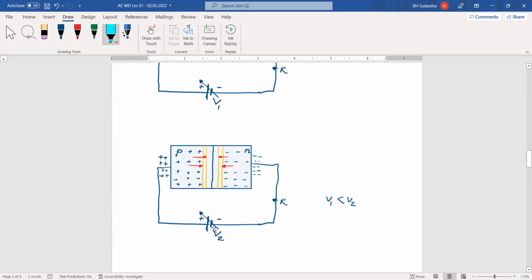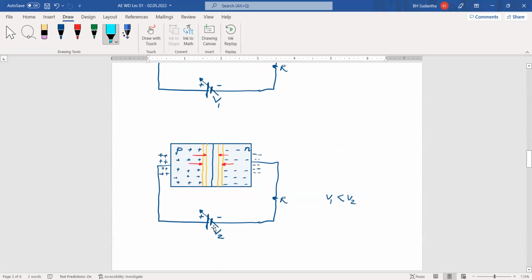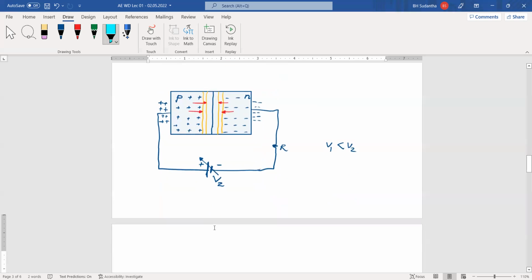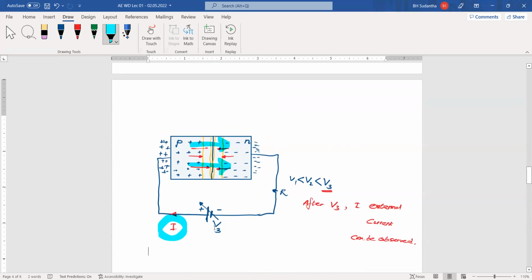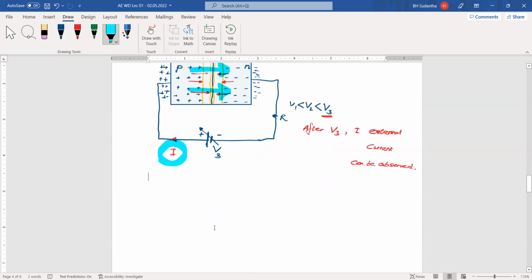But when you increase the voltage little by little, the applied pressure across the depletion layer will be getting high. Because of that, after increasing the voltage to a certain level, this depletion layer will be zero. Then there is no barrier after that. Then charges can freely go to the other side of the junction. Okay. This is the story.